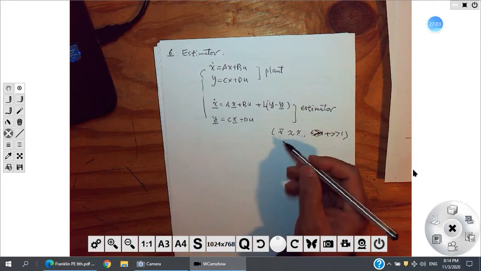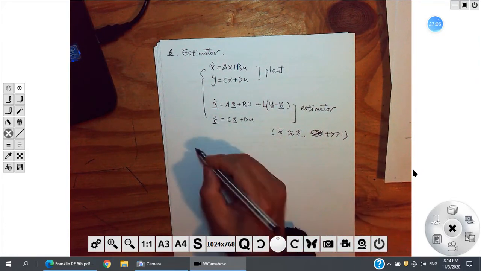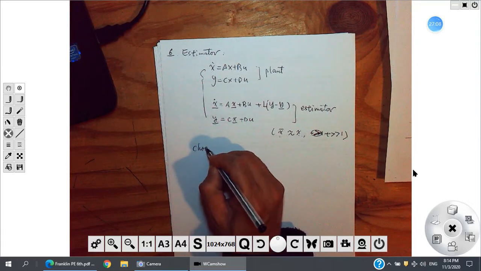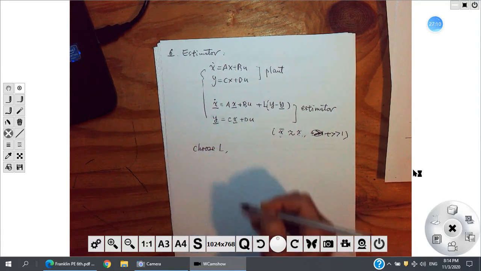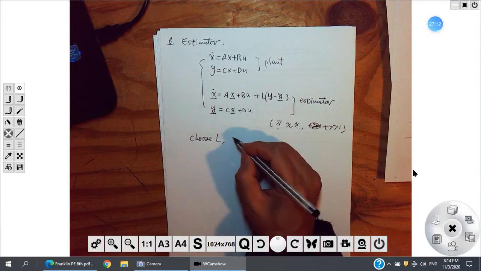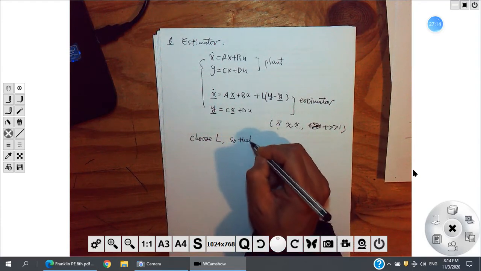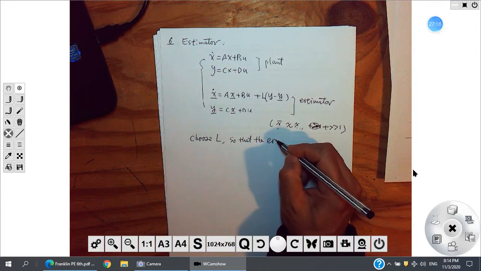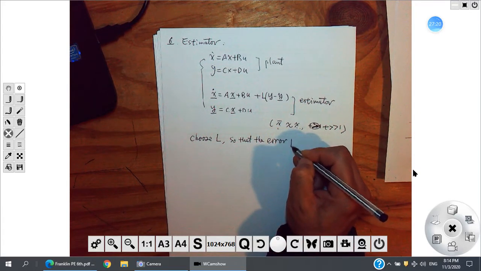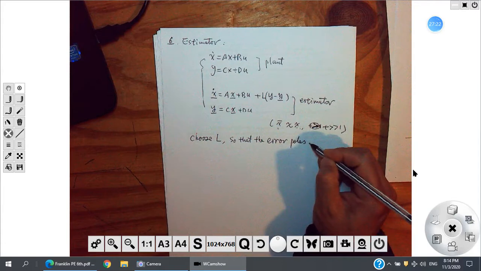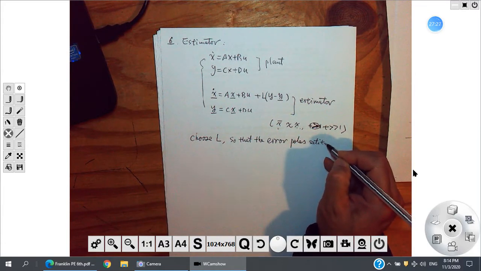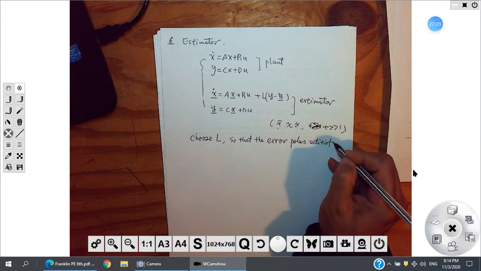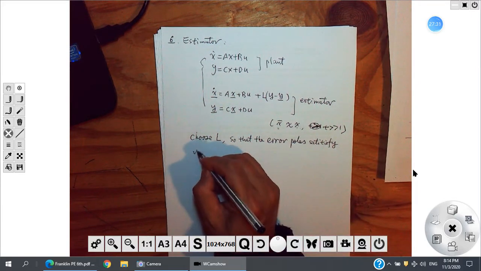For this estimator, you need to choose L. Now how to choose L? So that we say that is the error poles. Error poles satisfy your requirement.